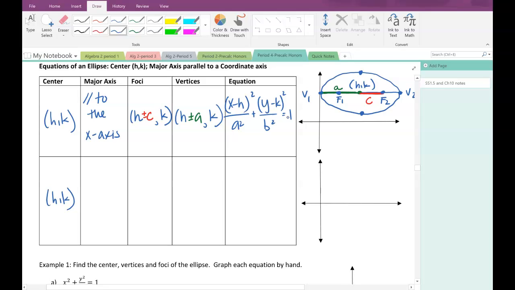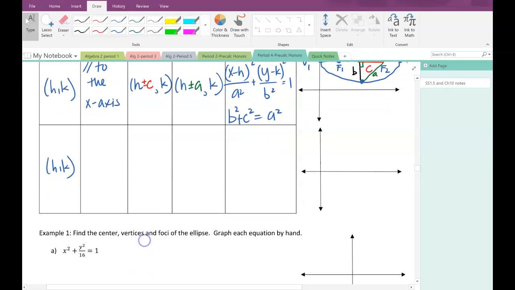And again, the b square, let's write it plus c square, it's always a square. That is the Pythagorean theorem that you have to use. So what's b? B is from here to here, and a is this guy right here, since this is the right triangle.